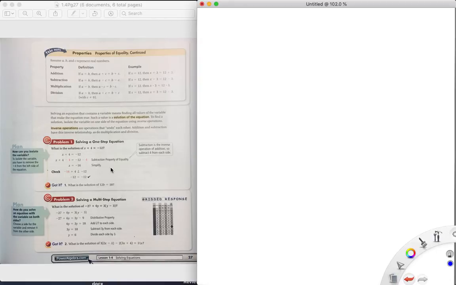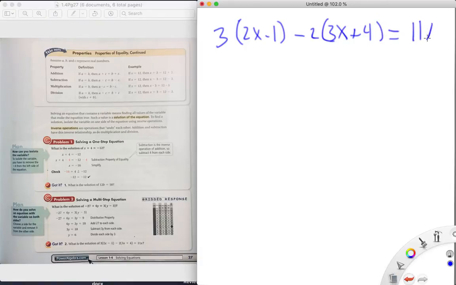We also have equations that are multi-step, more than one, full of many operations. So the book has 3 times (2x minus 1) minus 2 times (3x plus 4), and it equals 11x. Alright, so we have a whole bunch of x's all over the place.